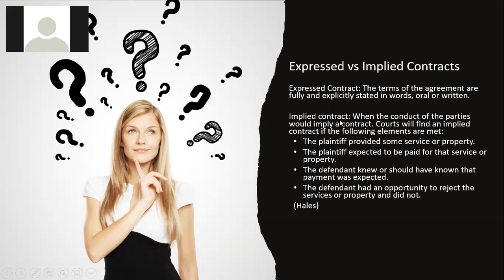Now, an implied contract is when the conduct of the parties would imply the contract. So courts will find an implied contract if the following elements are met. One, the plaintiff provided some service or property. Two, the plaintiff expected to be paid for the service or property.